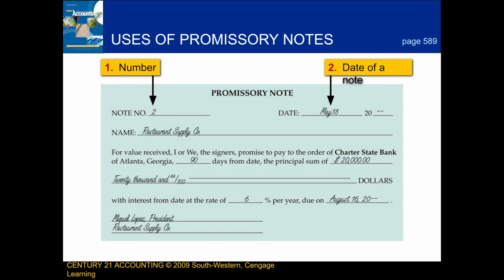Number 2 is showing us the date of the note. Number 3 is showing us the payee of the note. Number 4 is showing us the time of the note.